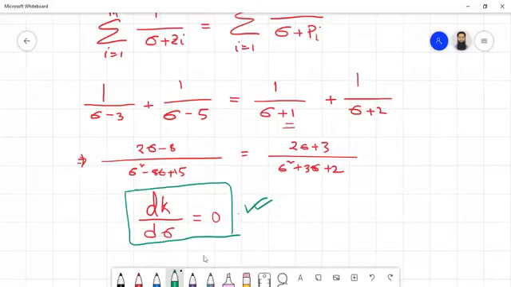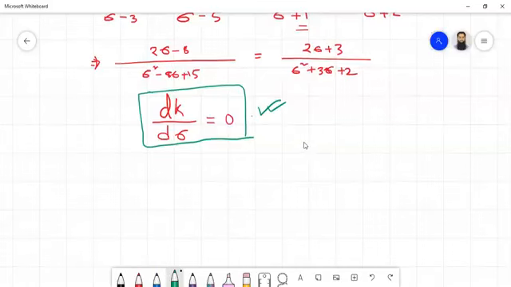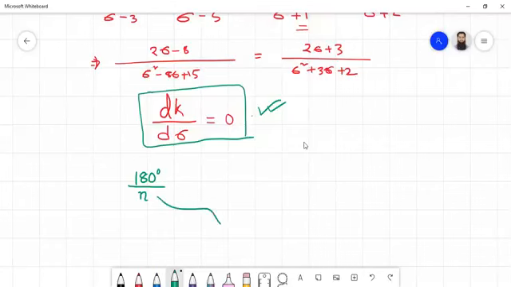Okay, so this is finding rule number 1, that is the breakaway breaking point. And one thing I just missed: the breakaway breaking points always leave at an angle given by 180 degrees divided by n, where n is the number of poles and zeros involved.